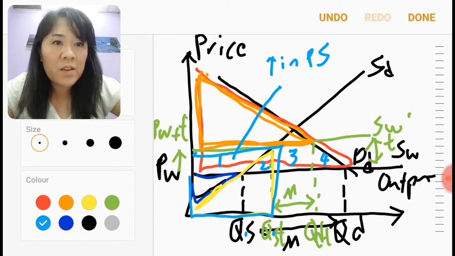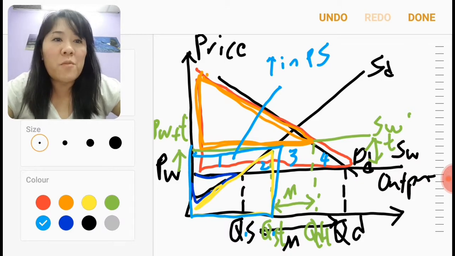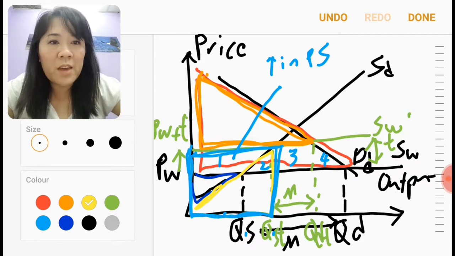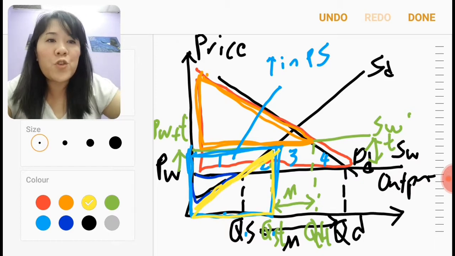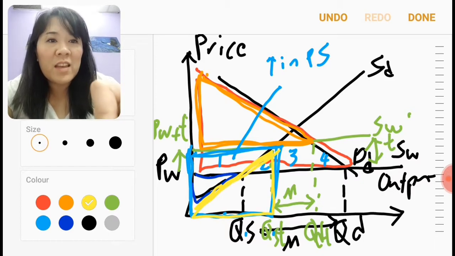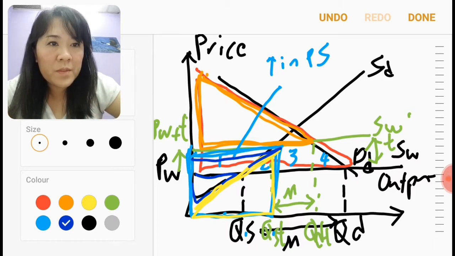Which means that if you compare this blue area less the yellow area, it will give rise to a new producer surplus, which is this entire area.